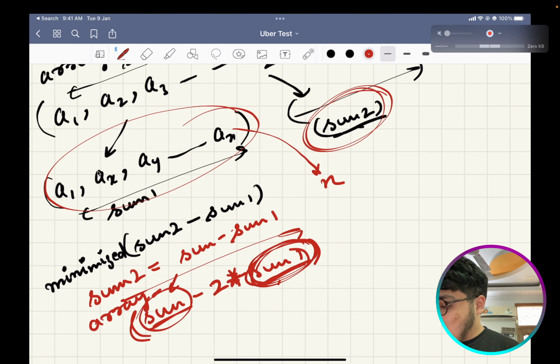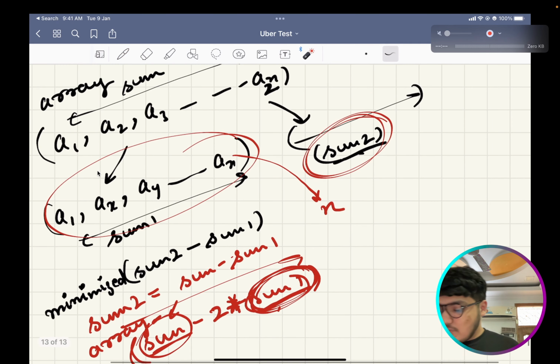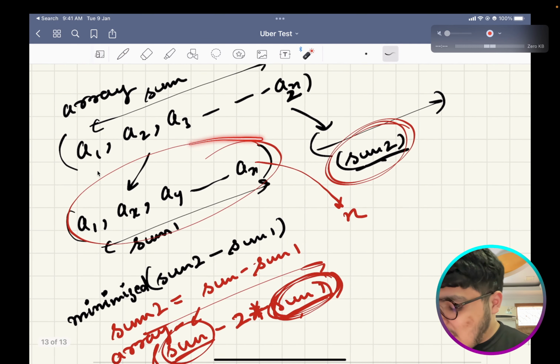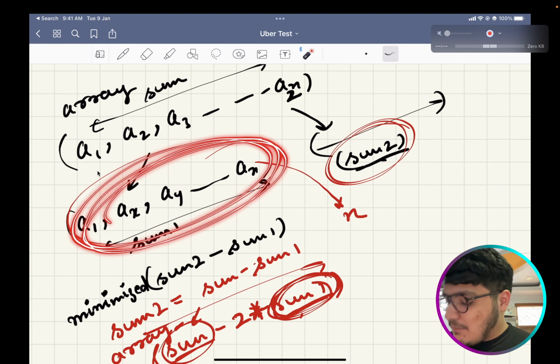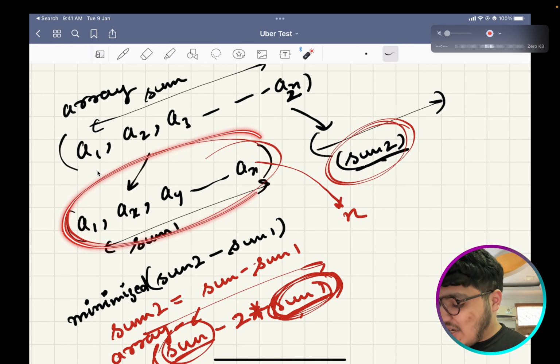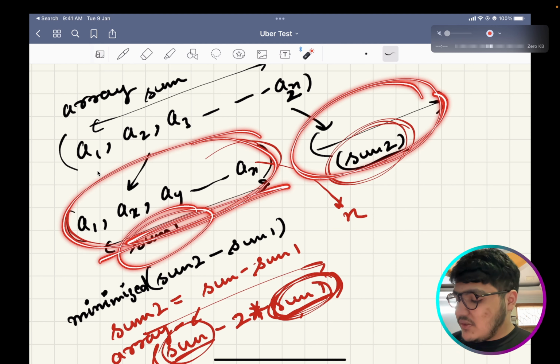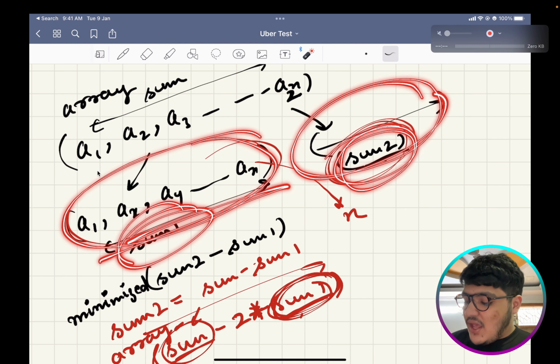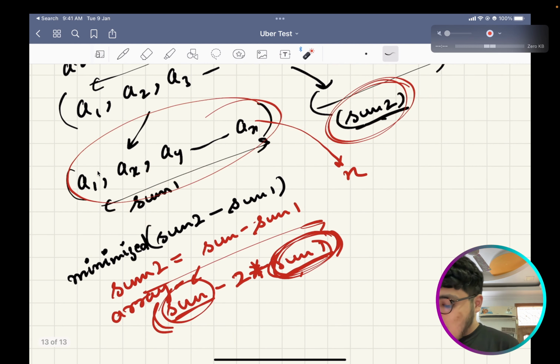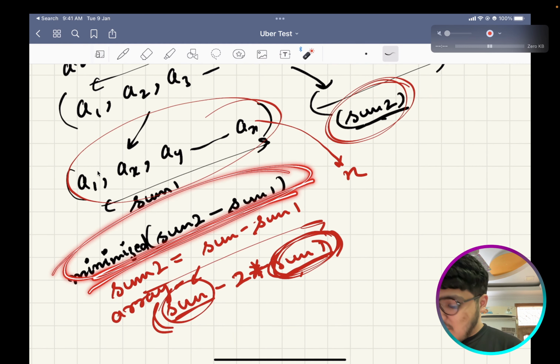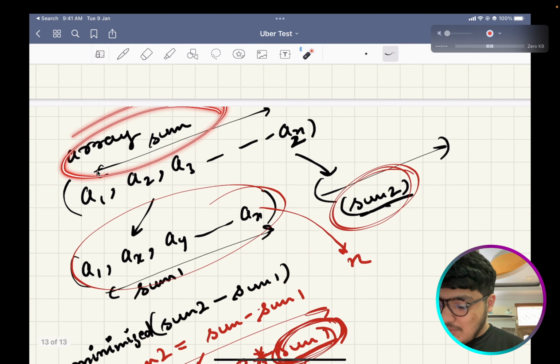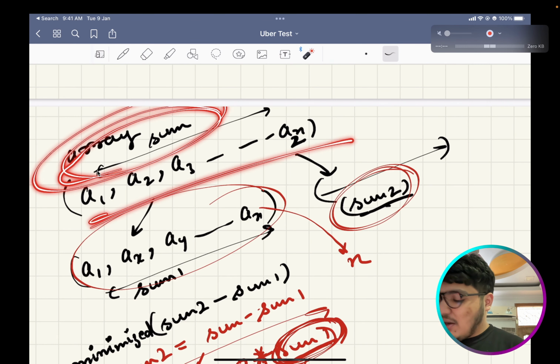If you are with me till here, let me explain again. First of all, I divided this array into 2n, and I know sum 1 and sum 2, and what I need to do is minimize sum 2 minus sum 1. I know the total array sum, I could easily calculate it.